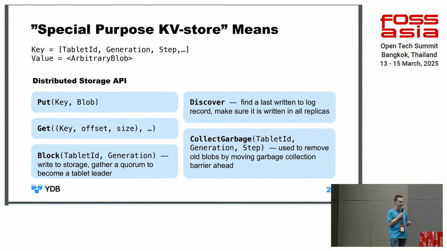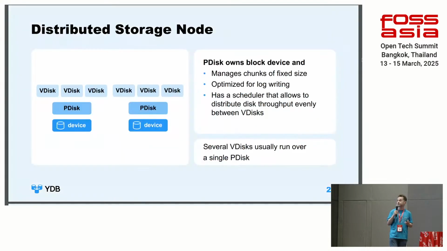When a tablet wants to become a leader, it uses the block API call to get the quorum from distributed storage. So here we have a consensus. It's similar to multi-Paxos. And we also have a very, very special call, collect garbage. We have barrier-based garbage collection. So tablets are responsible for telling when and how to move this barrier to collect unused blobs.